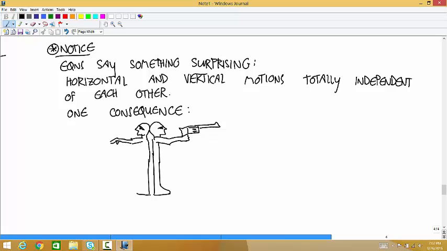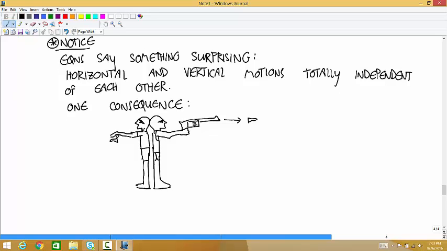Boy, that person's a lot weirder looking. Okay, and at the same instant, this person fires a bullet horizontally. And at that same instant, this person drops a bullet. The gun guy doesn't have to worry about what he's wearing. No one will mess with them.